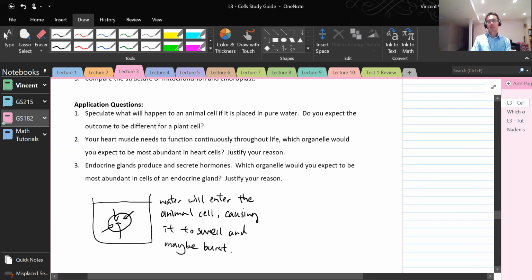And that of course is not going to happen for the plant, because the plant cell has a cell wall. It will not burst.